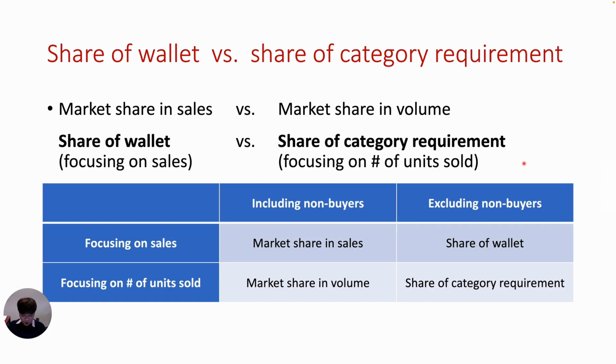However, share of wallet and share of category requirement exclude the non-buyers of a brand. When focusing on sales values, we have share of wallet. When focusing on the number of units sold, we have share of category requirement.